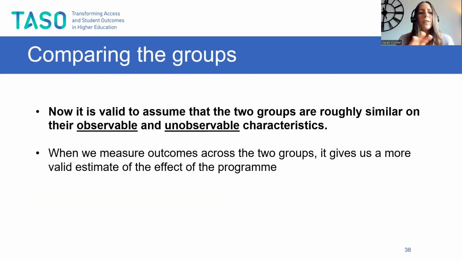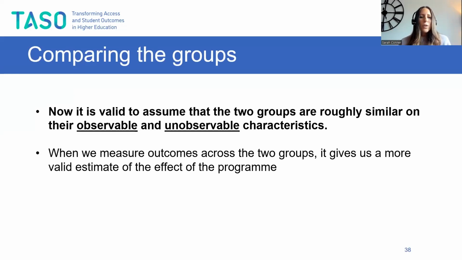Because of the way randomization works, these groups are going to be roughly similar on observable characteristics. So you're going to have the same amount of males, females, free school meal students, the same prior attainment balanced across those 2 groups, but also unobservable characteristics. So things like motivation, family support, parental support are going to balance out across those 2 groups as well.